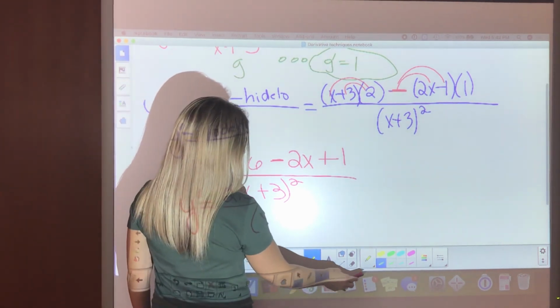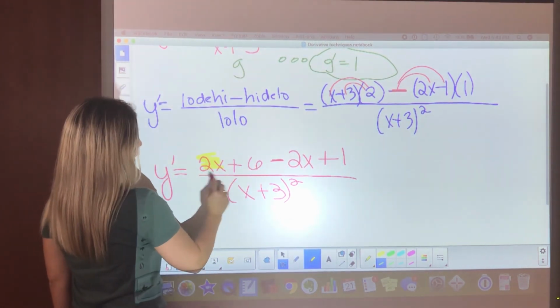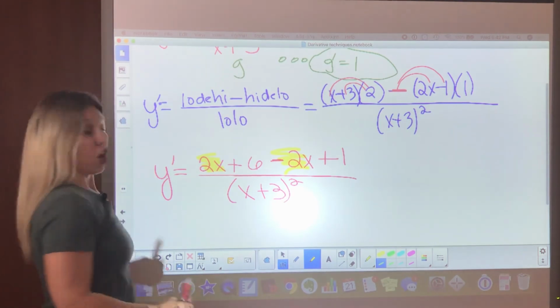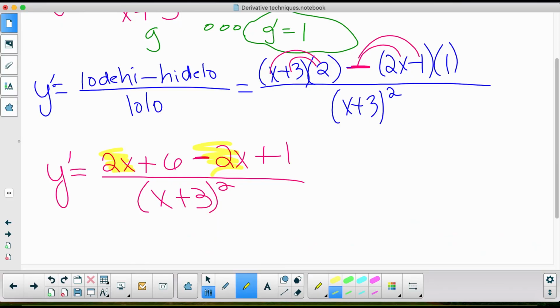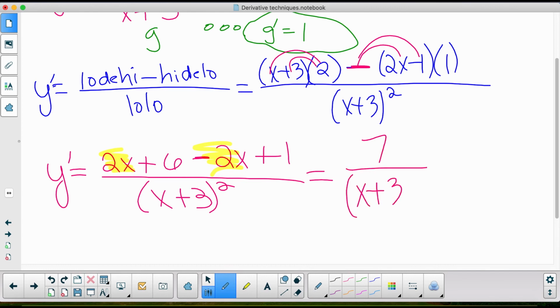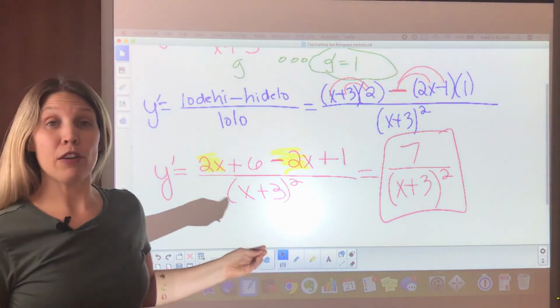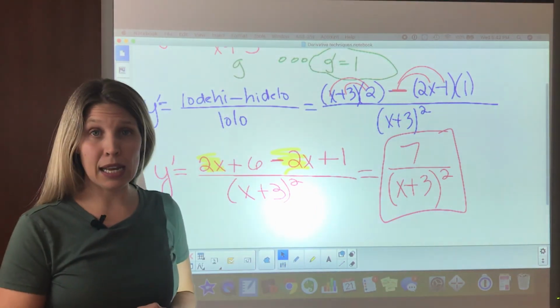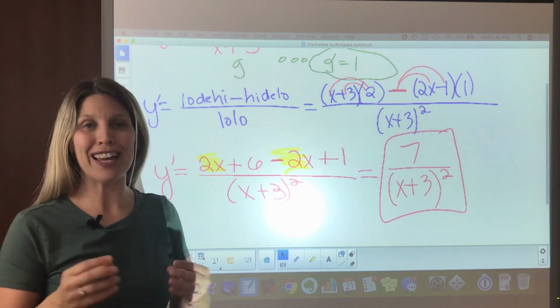So now maybe you're looking and seeing that your 2x and your minus 2x are going to go ahead and drop on out. So what we're left with is 7 over x plus 3 squared for your derivative. Again, from here you can go ahead and plug in any x value if you need to find the derivative at a specific point.